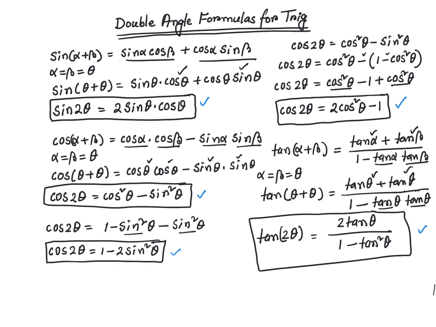And finally, tangent of 2 theta is equal to 2 tangent theta divided by 1 minus tangent square of theta. And we have derived these formulas by using the sum of angles formulas for sine, cosine, and tangent. I hope that this discussion was helpful. Thank you very much.